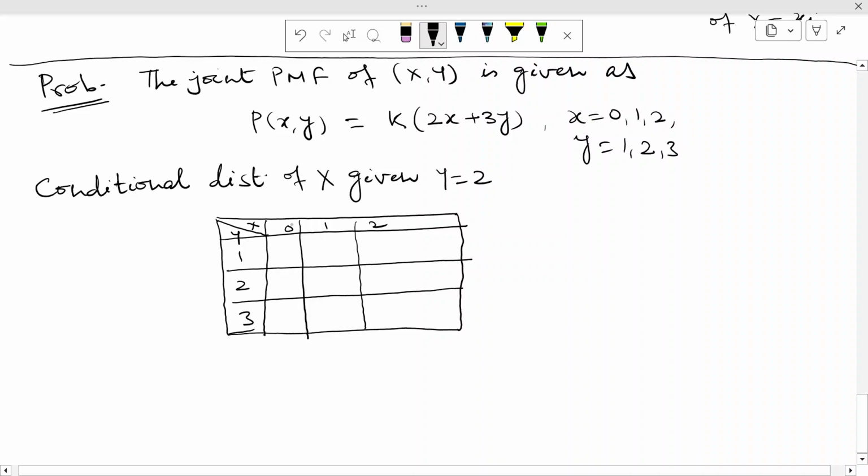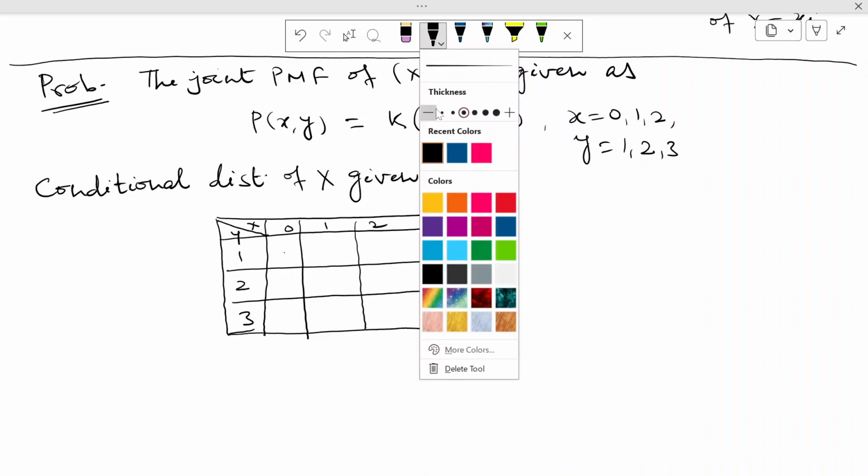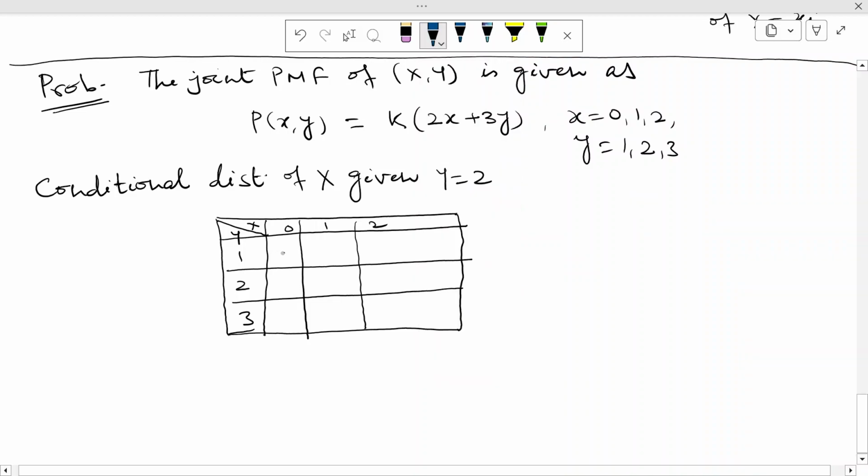And when you are putting these values, just like our first example, for this particular position the value of x is 0 and the value of y is 1. So when you put x equal to 0 and y equal to 1 here, you will obtain 3k.